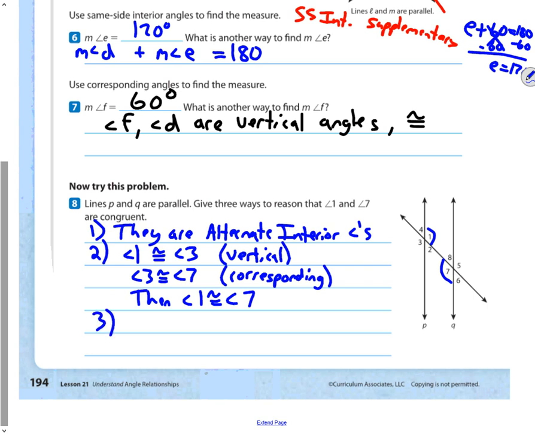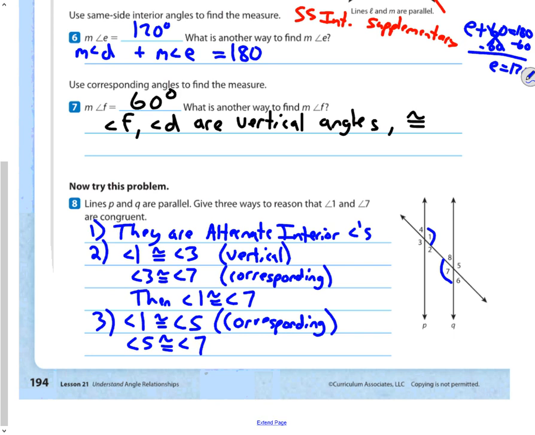Maybe you came up with a different second or third reason, but similar to that, I could say angle 1 is congruent to angle 5 because they're corresponding. I'll put this in parentheses. And then angle 5 is congruent to angle 7.